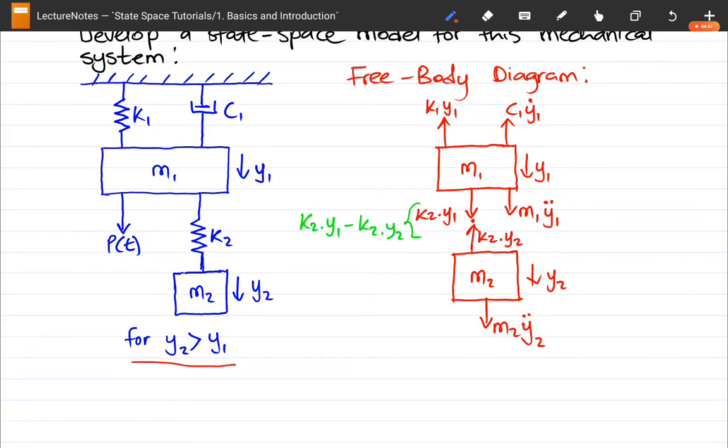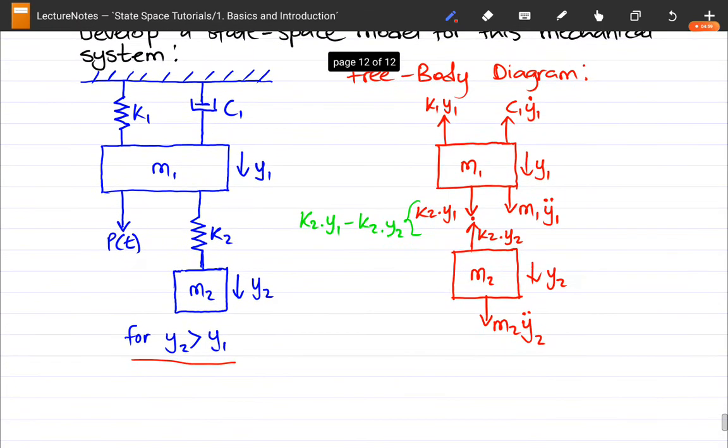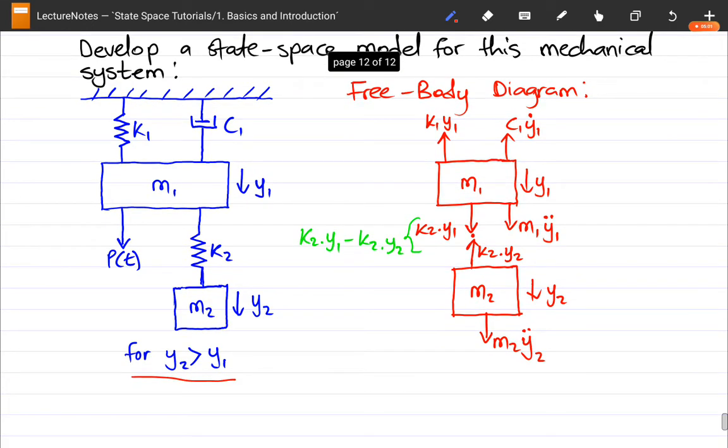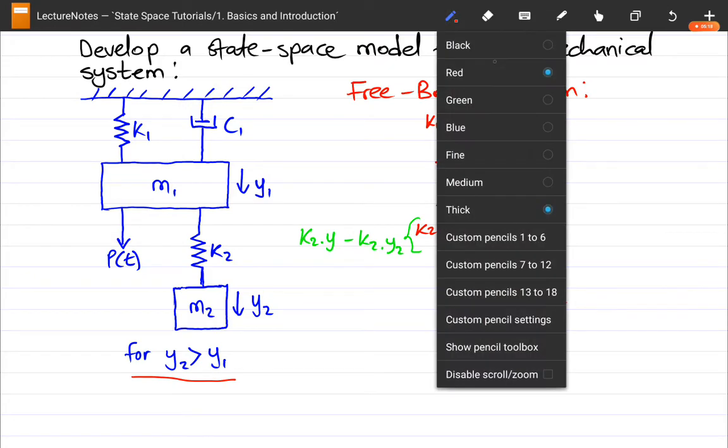Okay, so for this system, K2 is equal to K2. Sorry about that. But for this particular system, y2 is greater than y1. So this should be reversed, in fact, because the net motion is downwards around the spring.